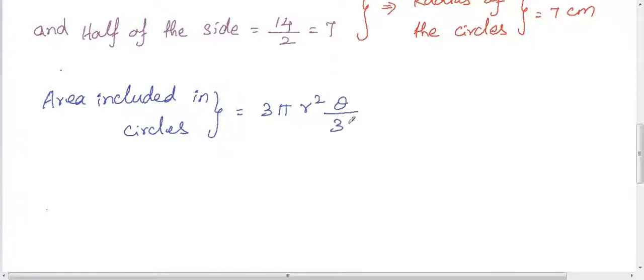Here the r value is 7 because the radius of the circle is 7, and the pi value is 22 by 7, and theta will be 60 degrees. So 60 divided by 360.